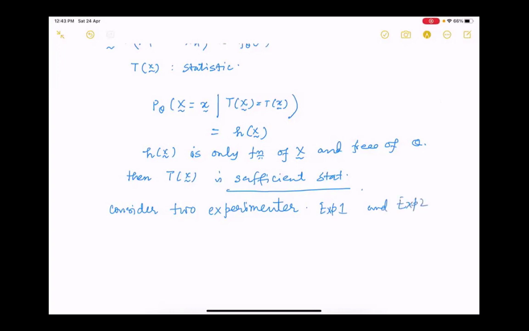They do the exact same experiment, or maybe they are just two surveyors who go to the field and collect survey samples, and they run the exact same set of questionnaires.